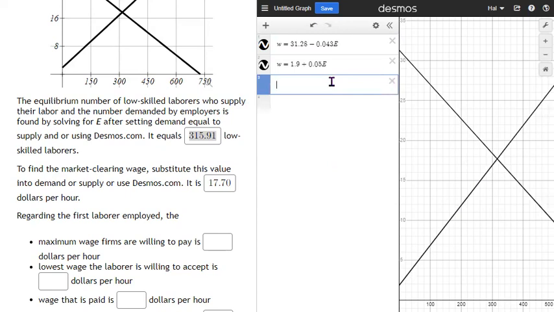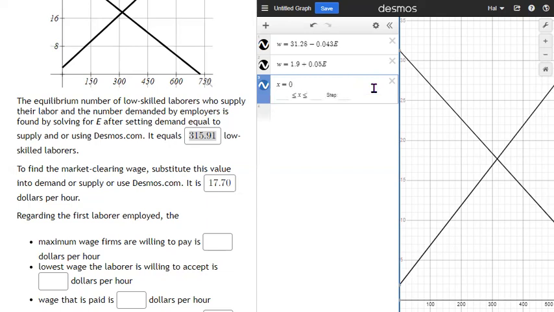I'm going to plug in values for E, and because E is on the x-axis, and this is a math program, to plug values of E into either one of these equations, I have to use the letter X, right? So X here is E, right?